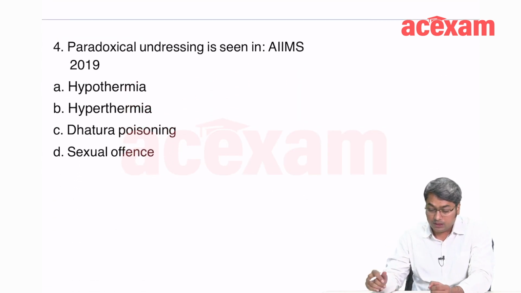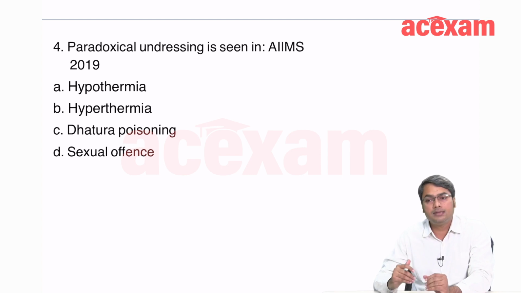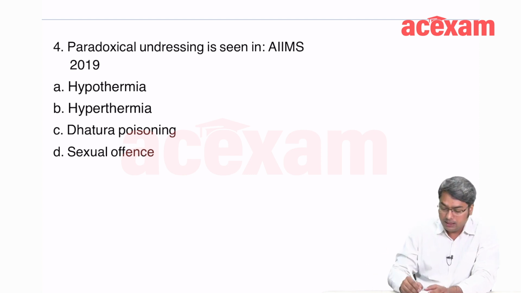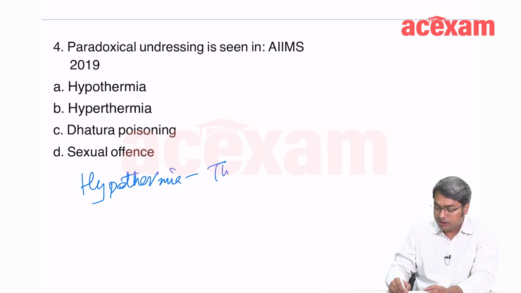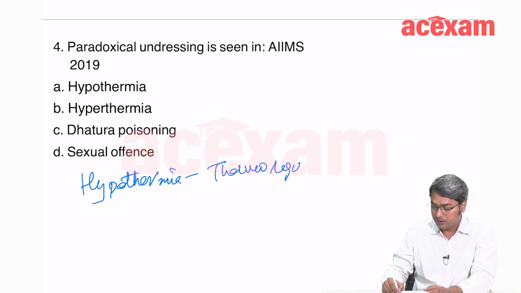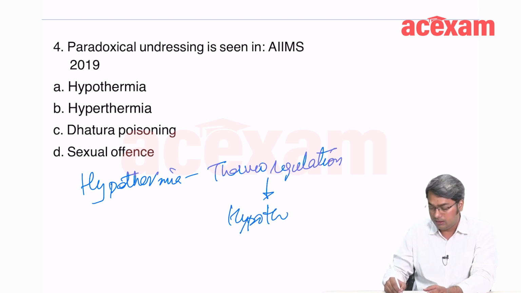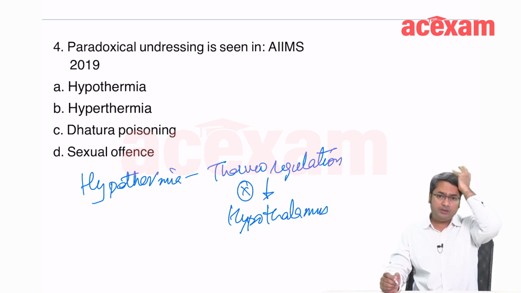Next, paradoxical undressing is seen in, AIIMS 2019: hypothermia, datura poisoning and sexual offense. Paradoxical undressing is something which is associated with hypothermia. When a patient suffers from generalized hypothermia, the thermoregulation by the hypothalamus is not done properly, and as a result the patient will feel warm.